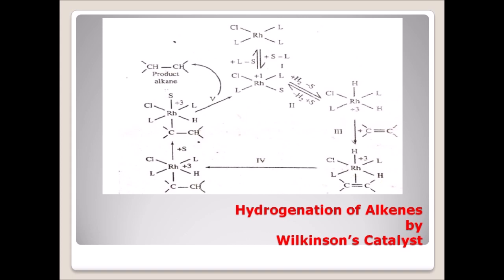Being a soluble catalyst, it cannot be removed easily at the end of the reaction by simple filtration. Due to this imperfect separation of alkane and rhodium complex at the end of the hydrogenation, rhodium is lost in practice, although the catalytic cycle shows no loss of rhodium.